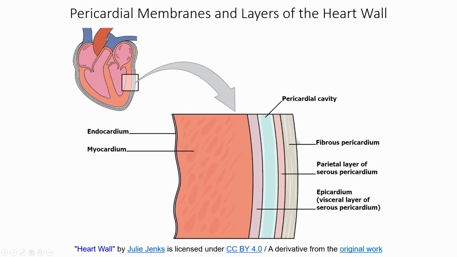So we have the fibrous pericardium that's kind of tough on the outside, the parietal serous pericardium, the pericardial cavity, which is the gap between, and then the visceral pericardium is in this purplish lilac color. And then right up against this we get the myocardium. Remember, myo we think muscle, cardium we think heart, so this is the heart muscle, and then the endocardium is the inner lining. In this case we're looking at the inside of the left ventricle.